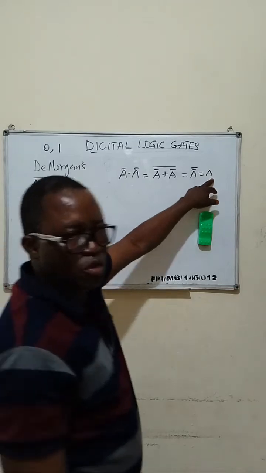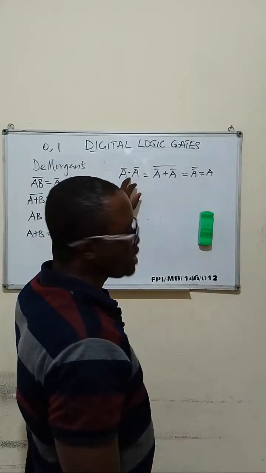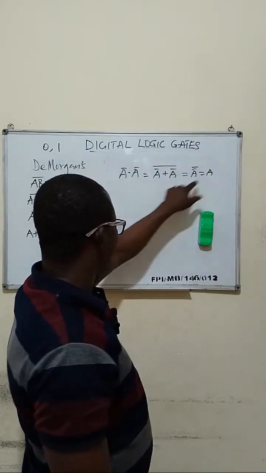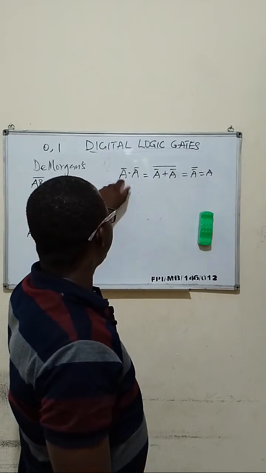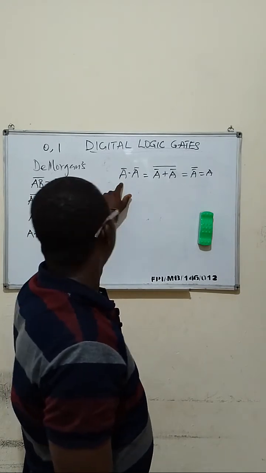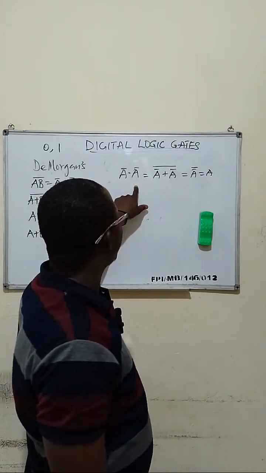And if you understand how the logic circuit works, how the AND gate works, you will realize that this is what we are going to have. Okay? If A is equal to 0 right now, I'm going to have 1 dot 1. Are you there?